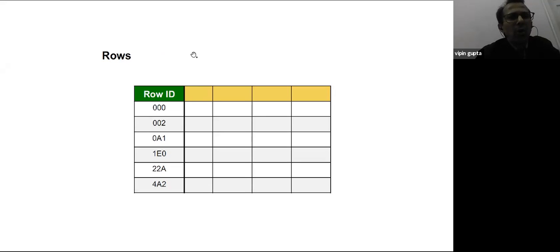So when we talk about the HBase database, please remember, suppose I have to keep the record of each and every person of India. That means we will have about 130 crore rows, and each row will have one ID.